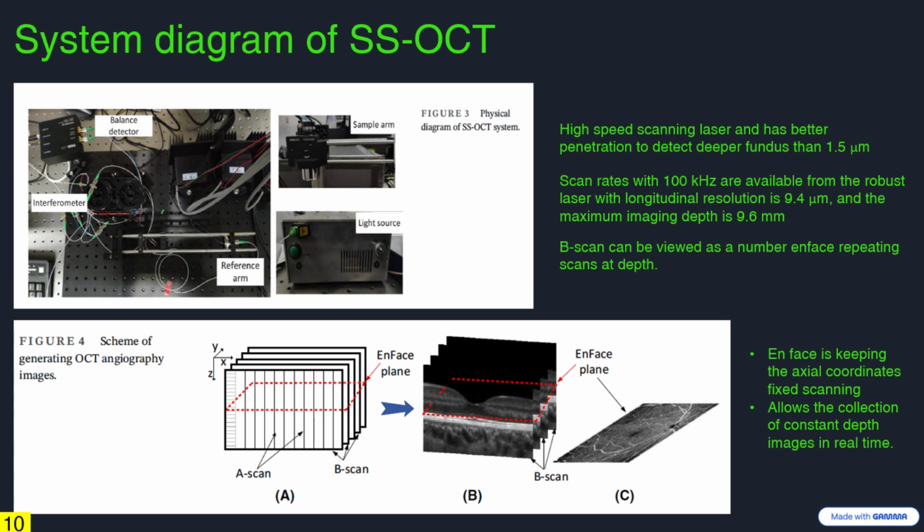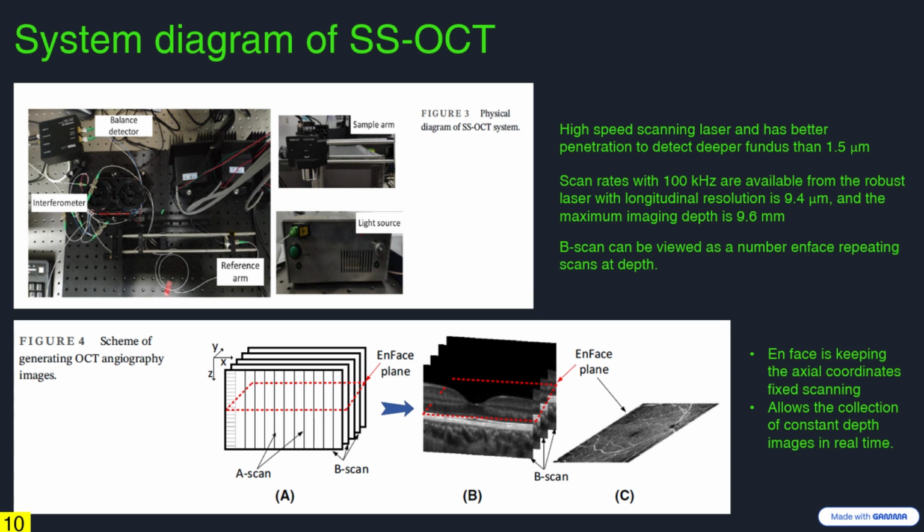Here is the system diagram of the SS-OCT used in this paper, as in figures 3 and 4. We can see the balanced detector, the interferometer setup, the reference arm, and the sample arm of the tissue.